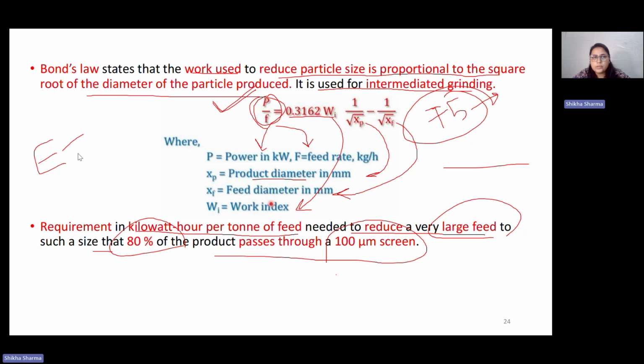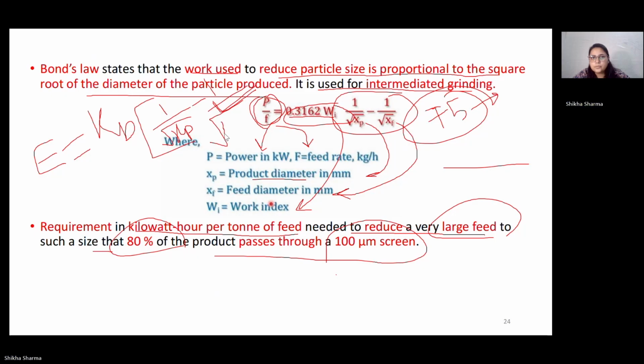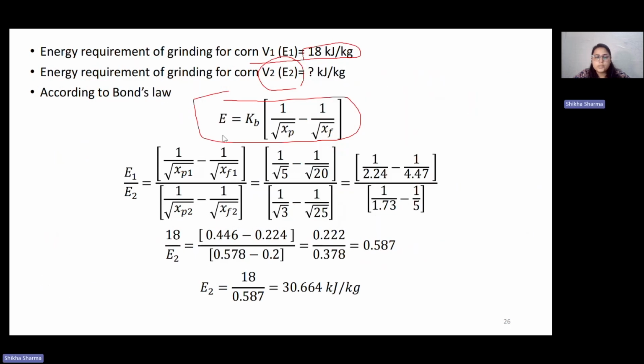So E equals the work index, 0.3162, which we are putting as Kb. So E equals Kb multiplied by the factor 1 upon under root xp minus 1 upon under root xf.